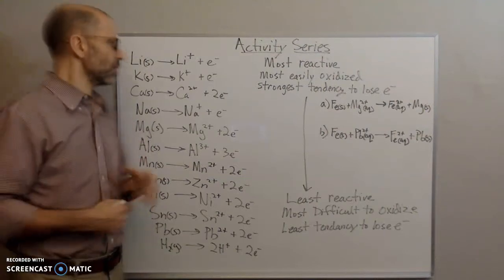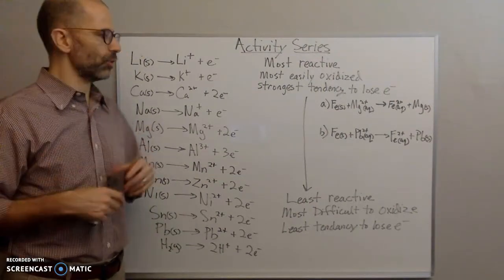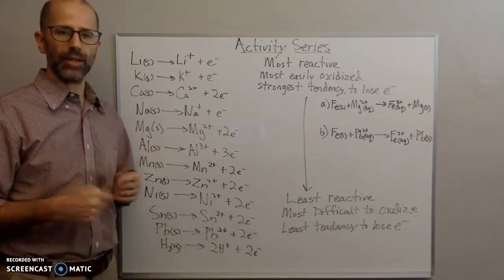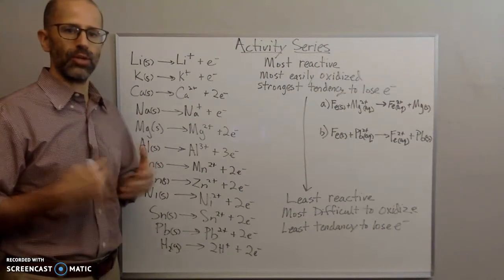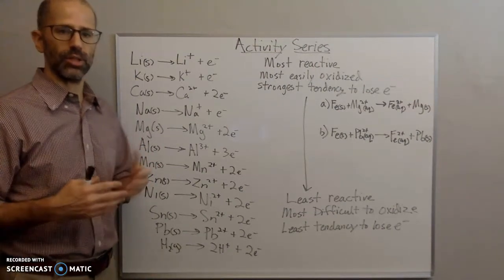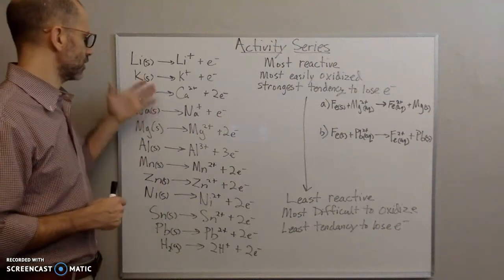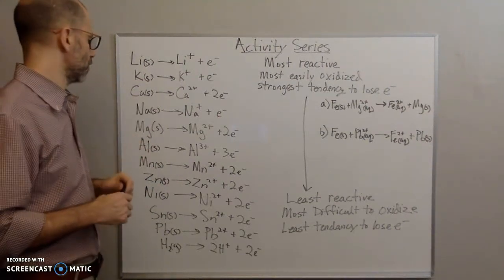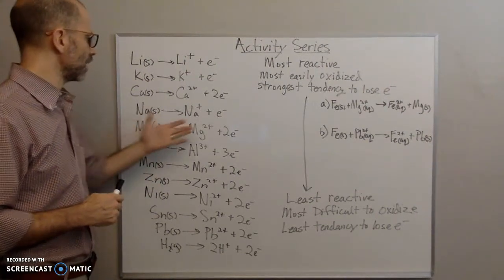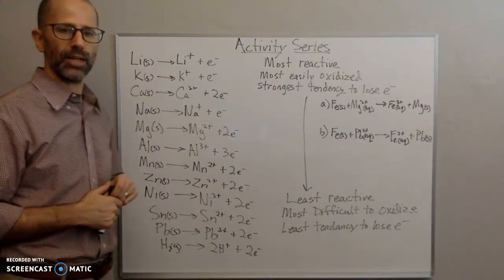And so with regard to the redox reactions, the way that you want to think about this is in terms of how strong the metals are, in terms of how easily they will give up their electrons.